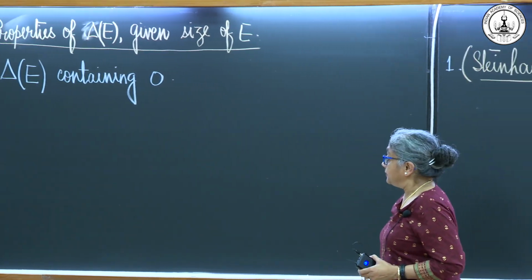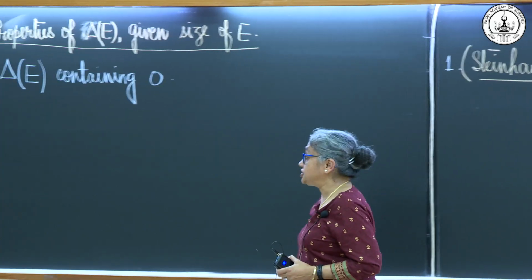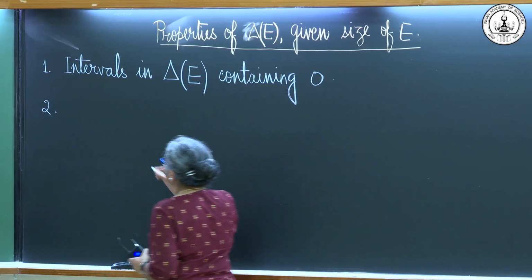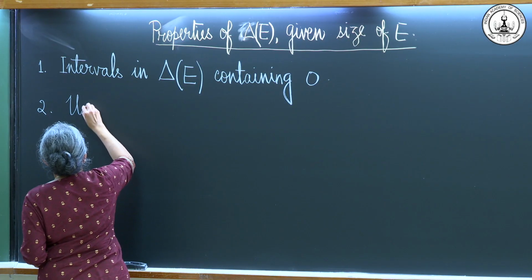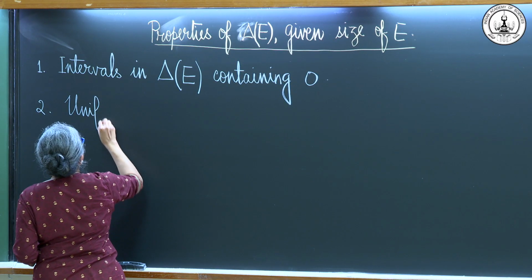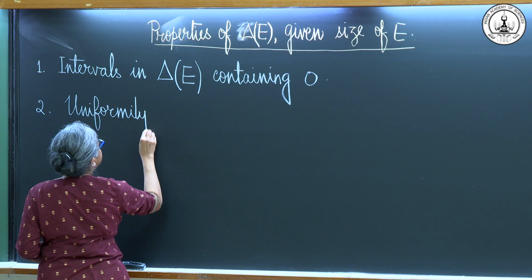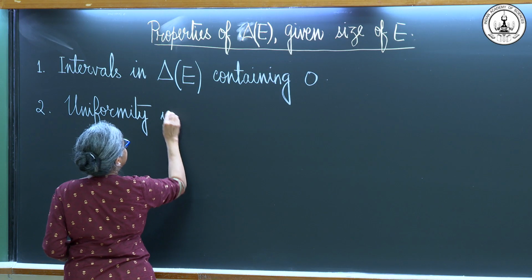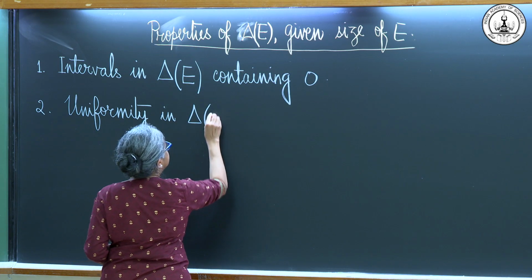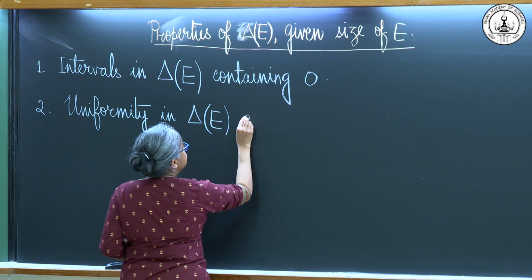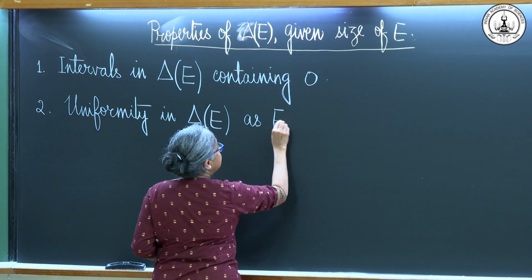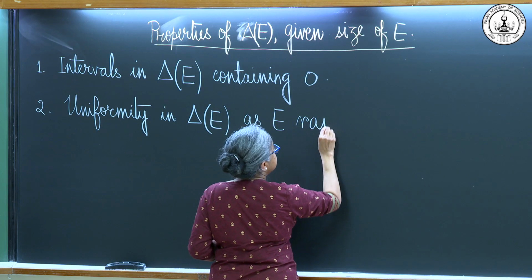What's the next one? This one we kind of touched upon a little bit. Uniformity in delta E as E ranges over a large class of sets.